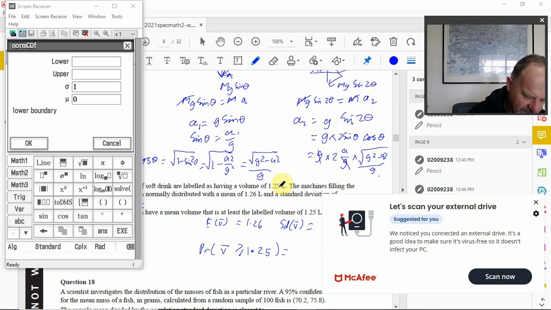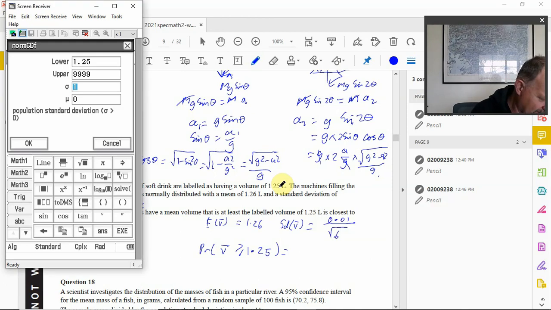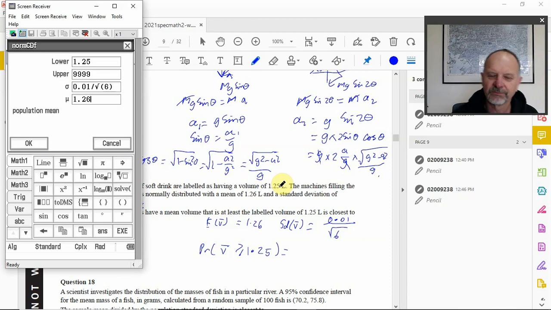Our lower value is 1.25, our upper value whatever, and our standard deviation will be 0.01 divided by the square root of 6, and our mean is 1.26. Sorry, you can't see my head there because I'm working on my calculator.